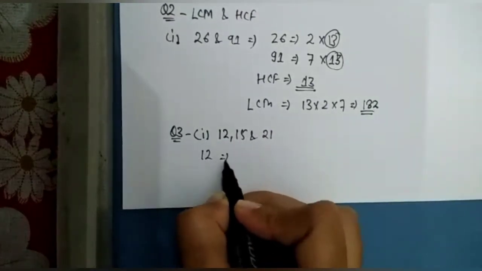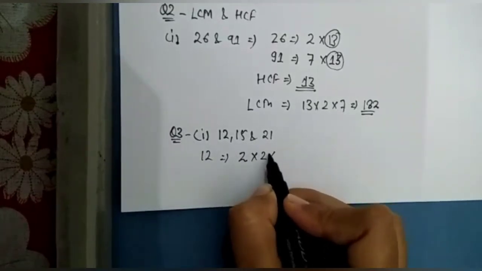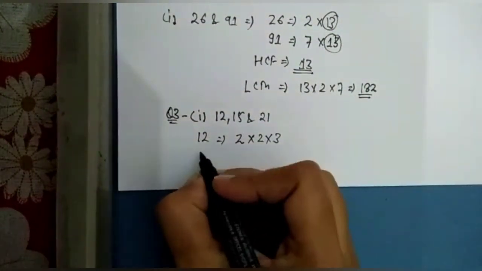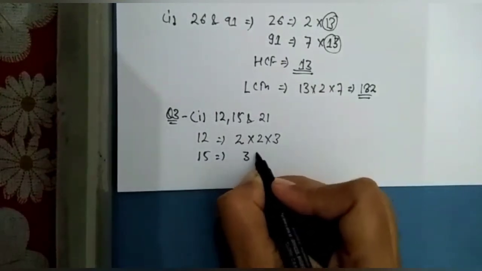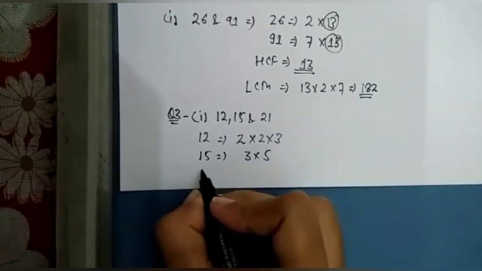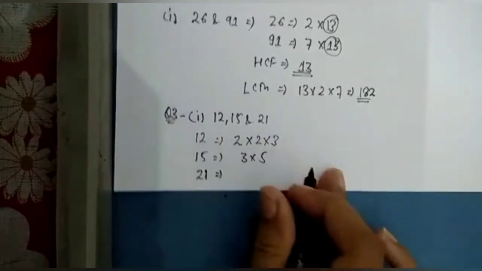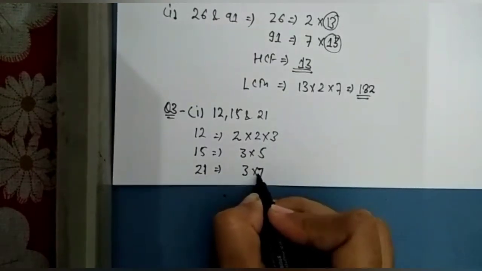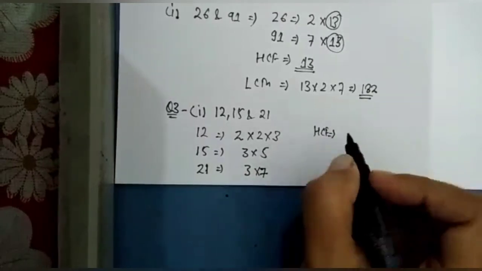Factors of 12 are 2 twos are 4, 2 threes are 6, so 2, 2, 3. Now factors of 15 are 3 fives are 15, 5, 1, and for 21, 3 sevens.